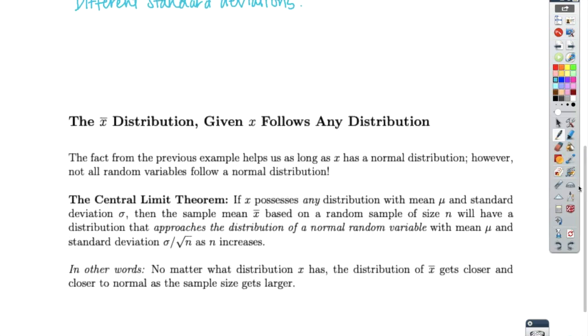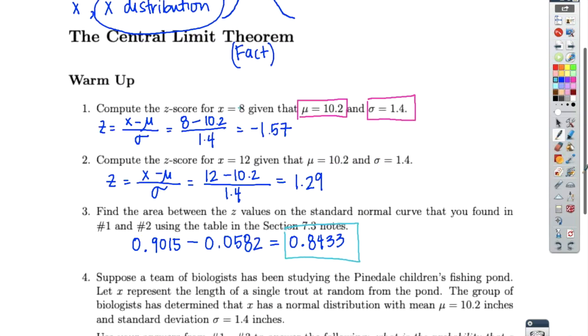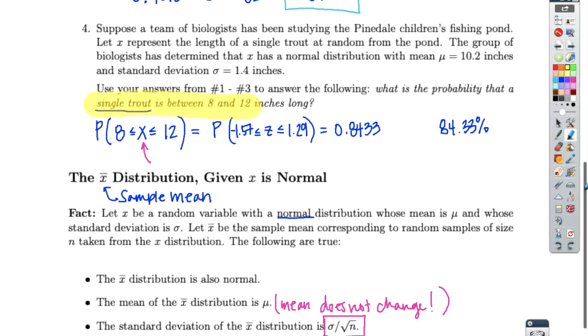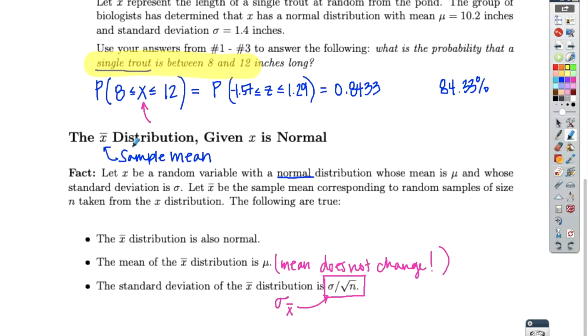Okay, so there was one caveat that we didn't talk about on the previous page. There was one big assumption that we had to make in this fact. The fact that we had to assume over here was that your x distribution already started as normal.